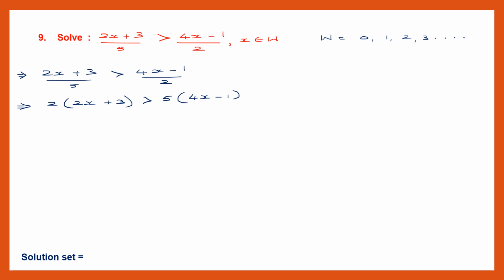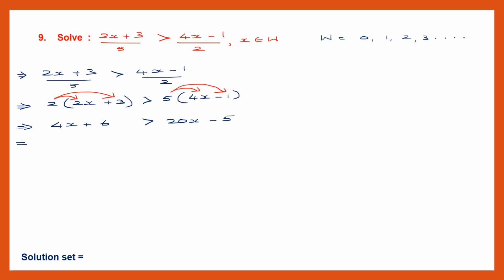Now let's multiply. I need to multiply 2 into 2x and 2 into 3. So that becomes 2 2s are 4, so that is 4x plus 2 3s are 6. This is greater than, now here also I have to multiply with this and then with this. So 5 into 4 is 20, so 20x minus 5 into 1 is 5.